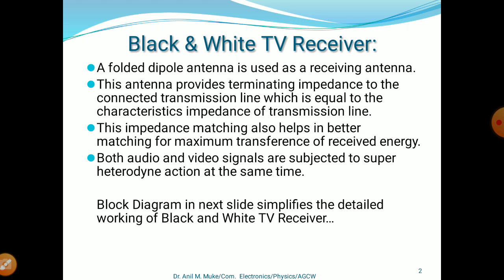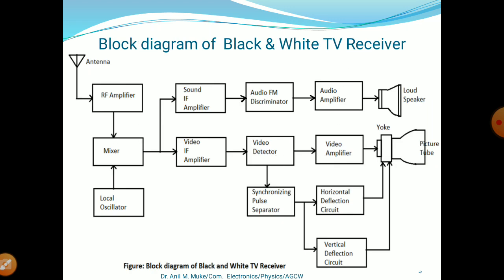So the next slide simplifies the detailed working of the black and white TV receiver by using a block diagram. First it is the antenna, the folded antenna, which receives the energy, and then that energy is given to the radio frequency amplifier.